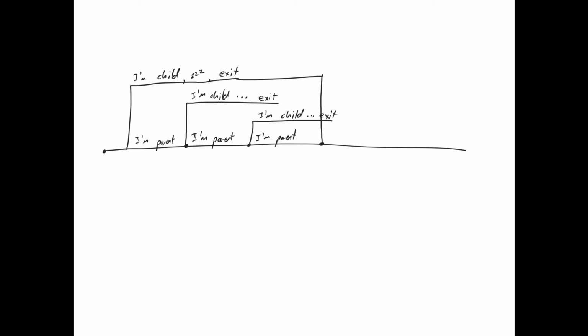Then we'll print that the child has returned, and then we'll wait again, and this time we're waiting for the second child process. When it exits, we'll continue to the next iteration of the loop and wait for the third one.